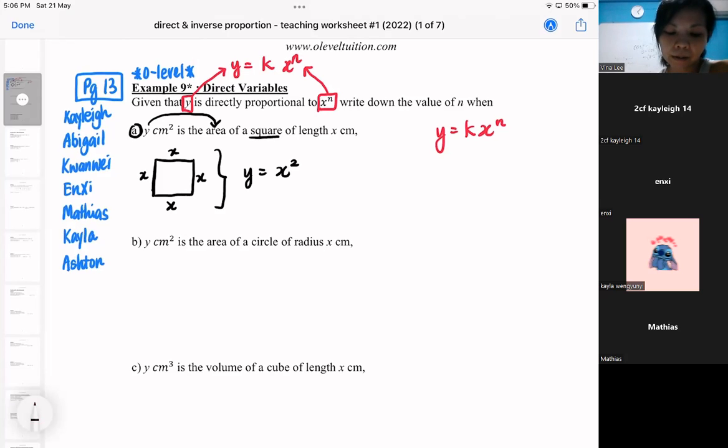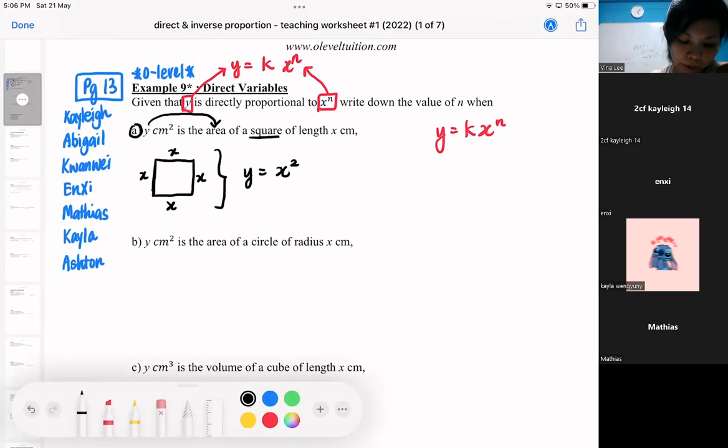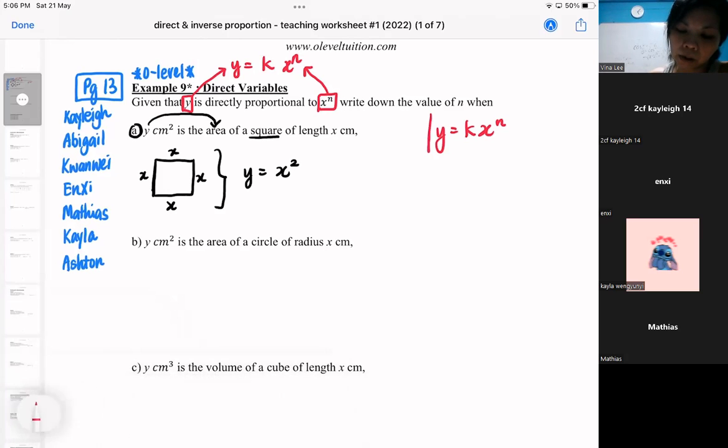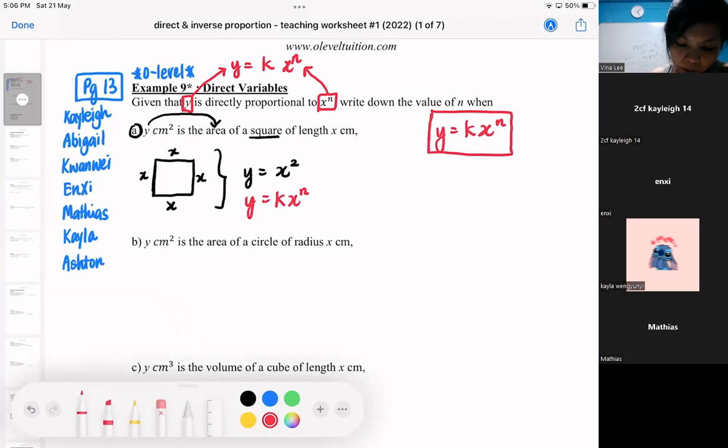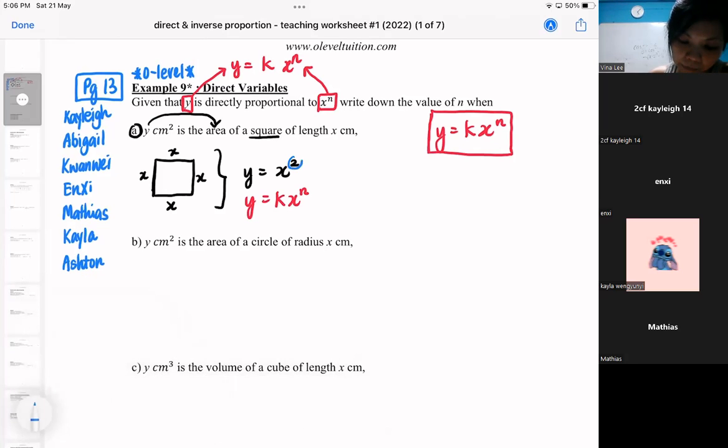Can you see? Length and breadth will give you area, right? So your job is to compare with the direct proportion formula. When you do a comparison, you will get the answer for n.